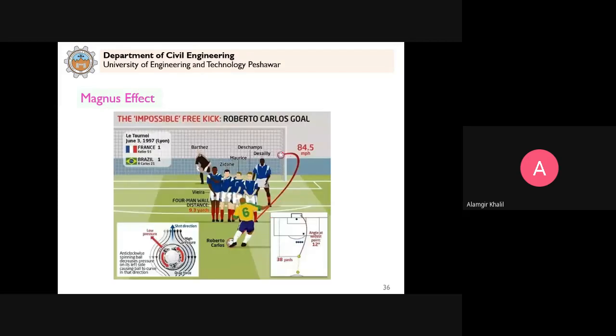You can see here, this moves. This is due to the Magnus effect. If you can master this, this is the technique which is used by, for example, Roberto Carlos, to put the ball into the goal post. Clear? So this is a very interesting phenomenon.